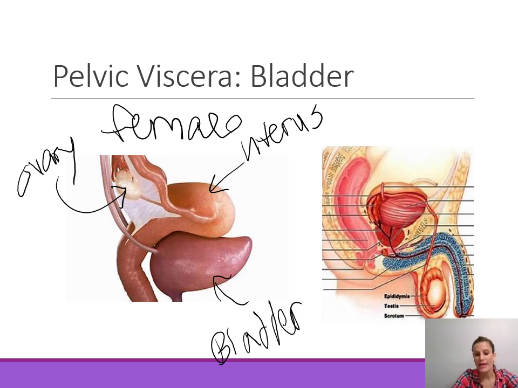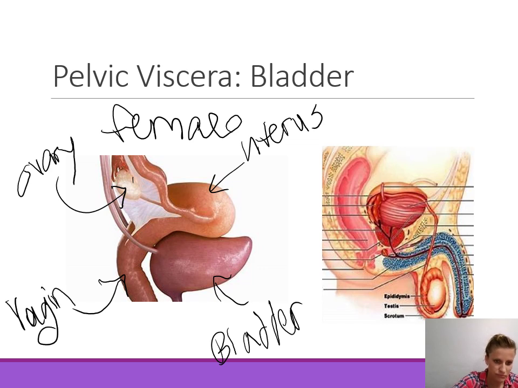You remember I said that the uterus sits directly on top of or directly superior to the urinary bladder in females. And then directly posterior to the urinary bladder is the vagina. So here you see the vagina. It's not shown on this picture, but posterior to the vagina, very closely related to the vagina, would be the rectum.